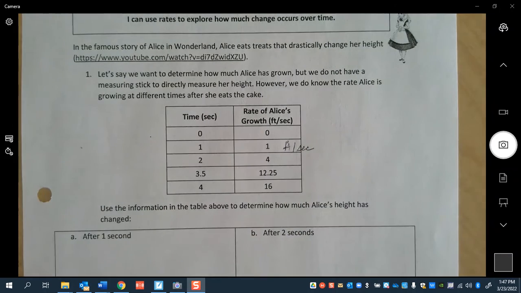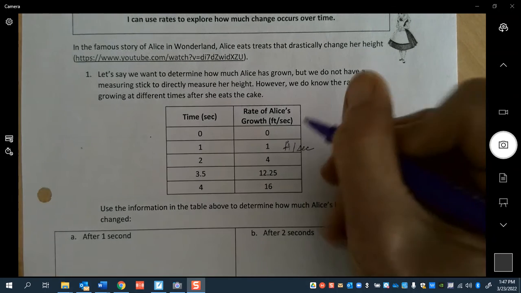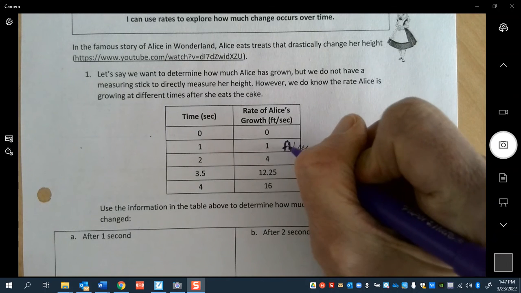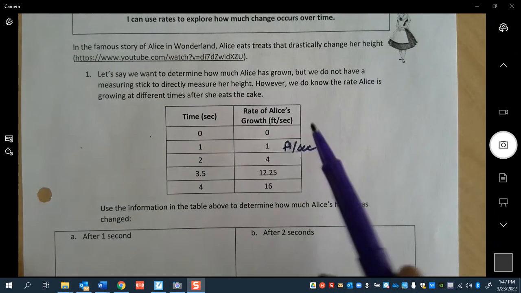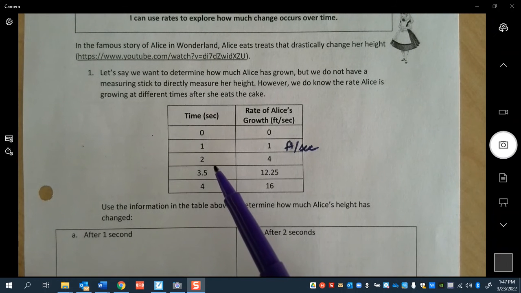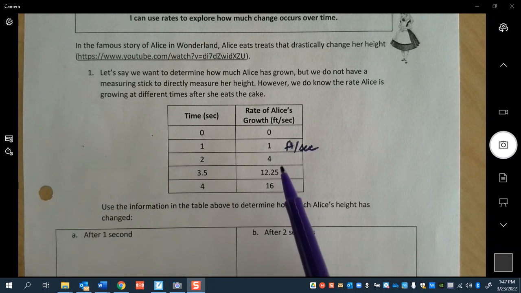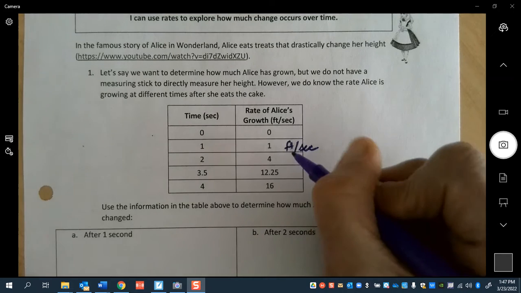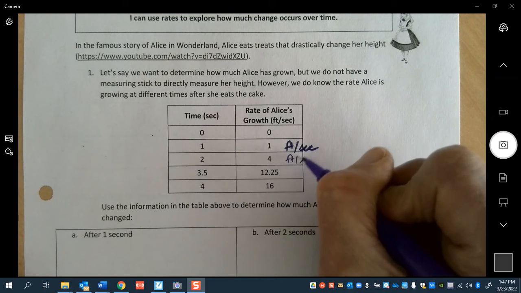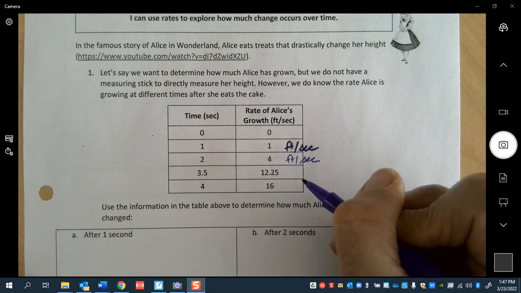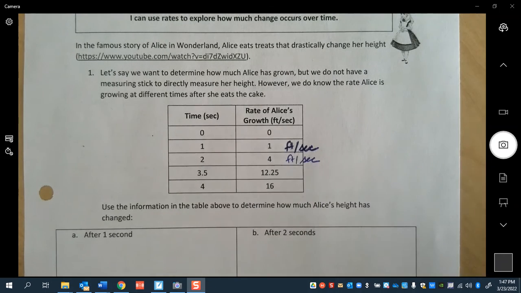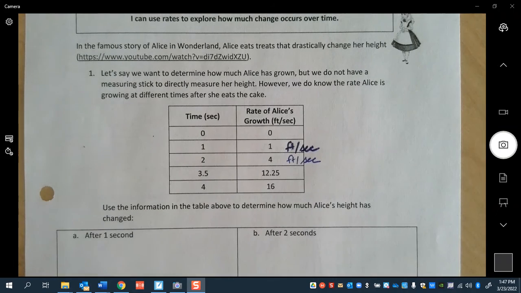And I want to make sure that the most important thing that we can do in today's lesson is really pay careful attention to our units. After 2 seconds, she's grown 4 feet per second. After 3.5 seconds, 12.25 feet per second. After 4 seconds, 16 feet per second.